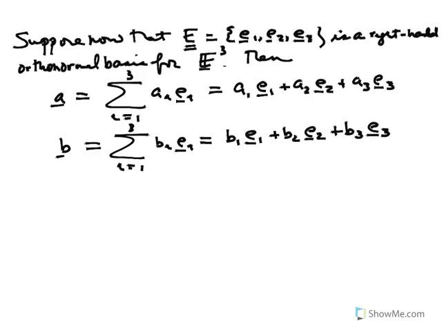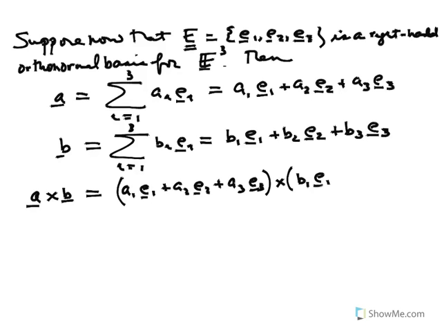So let's go through and take the cross product now. Then A crossed with B is equal to A1 E1 plus A2 E2 plus A3 E3 crossed with B1 E1 plus B2 E2 plus B3 E3, which is equal to, so now let's take the cross product.